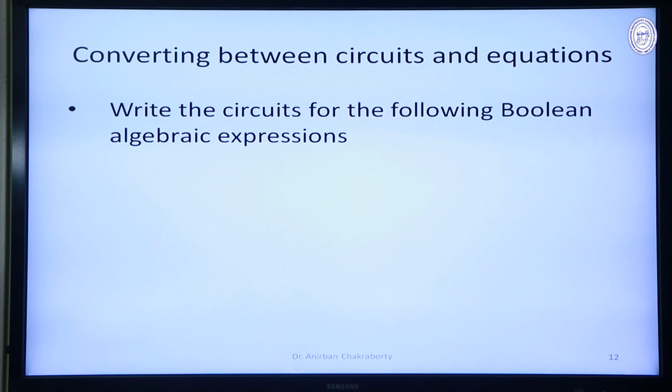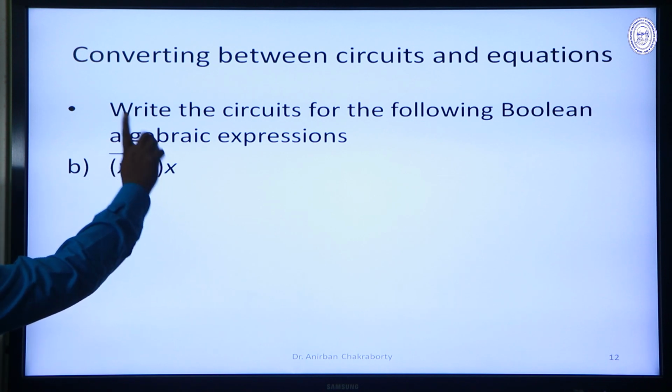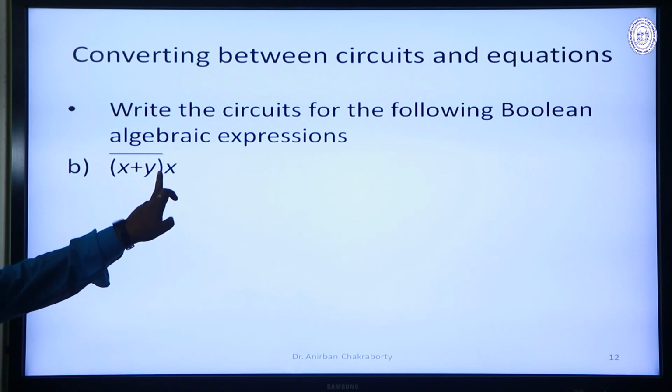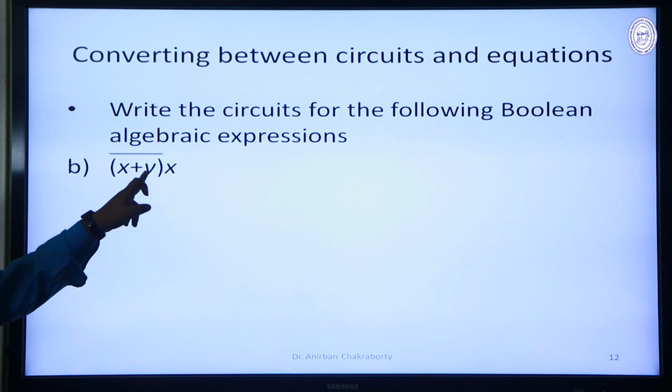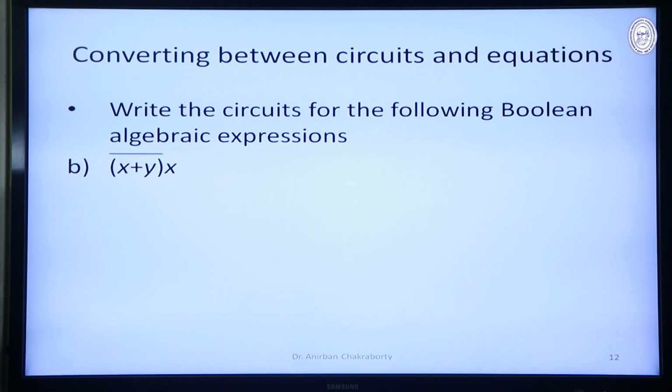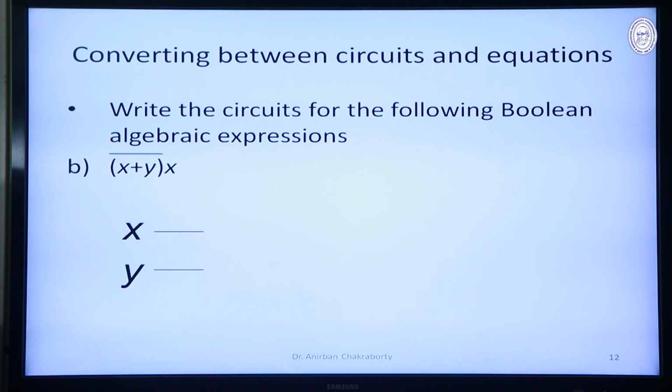So, this is the corresponding circuit of the given expression. Next example: here (X OR Y) has a whole bar, and it is with X. Nothing is written between them, so we assume there is one dot, meaning an AND gate. Again, how many input lines are there? Two variables, X and Y. So first we consider only two input lines, X and Y. The first operation is X plus Y, meaning X OR Y, so there should be an OR gate.